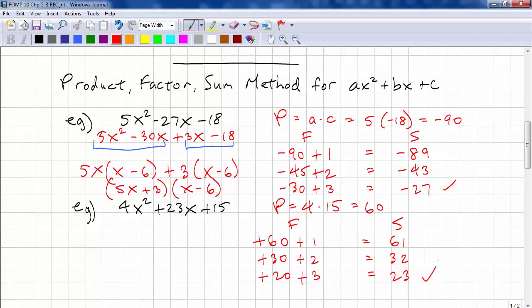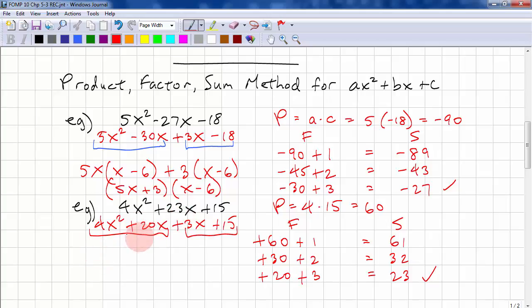We stop, we copy the 4x squared, we add the 20x, we add the 3x, and the 15. And we factor in pairs. And remember, the order doesn't matter, because if we switch it around, we'll still get the same answer at the end.